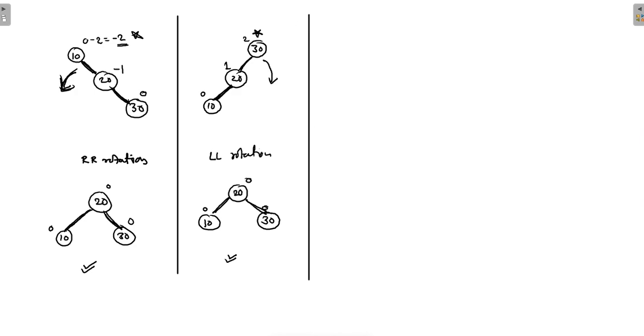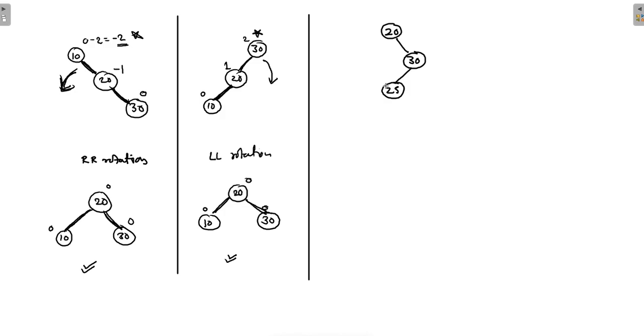Now the third case, let us take an example. Suppose the root node is 20, then you have a greater value, suppose 30 here, and now you have a value 25. So 25 is greater than 20, so it goes to the right-hand side, and smaller than 30, so it will be at the left-hand side.